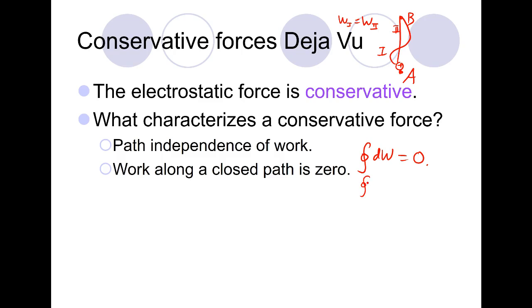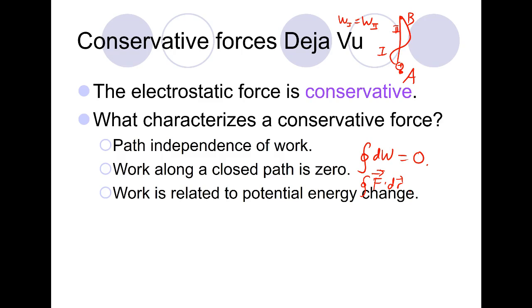So that's the integral of F dot dr, if you remember that from way back when. And the work is related to the potential energy change. Remember that work is equal to a negative change in potential. So the work done by the electric force is negative change in UE.